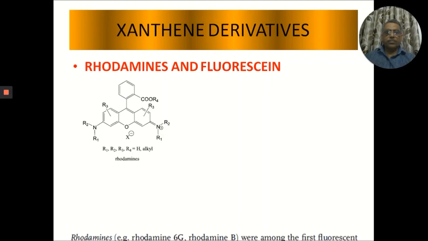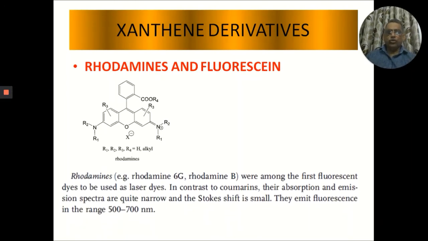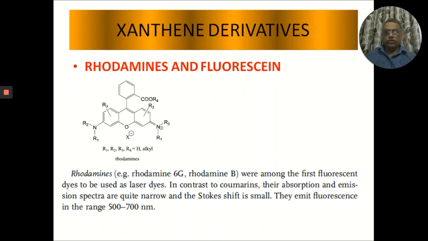Among the rhodamines, there are two important molecules, rhodamine 6G and rhodamine B, which were among the first fluorescent dyes used as laser dyes. And if you compare these rhodamines and coumarin, their emission wavelengths are different, and that is the one difference. In fact, they use the coumarin and rhodamines in tunable dye lasers.